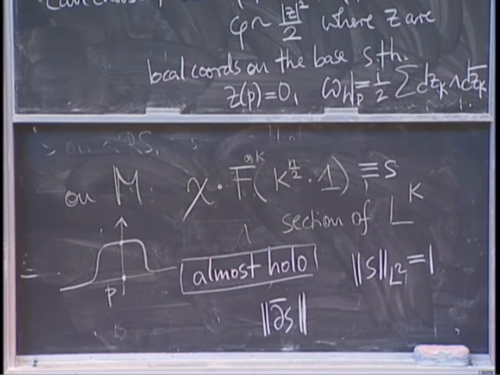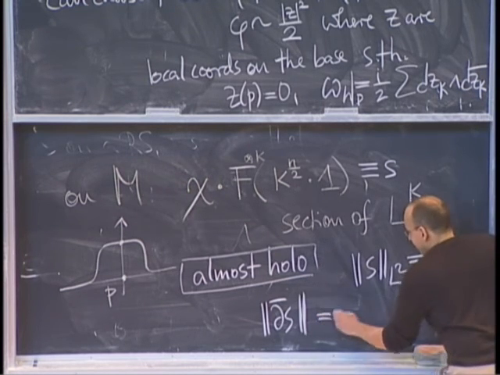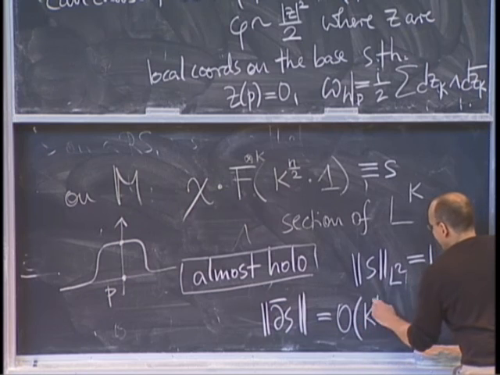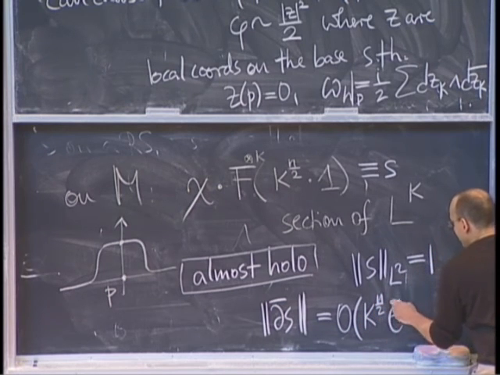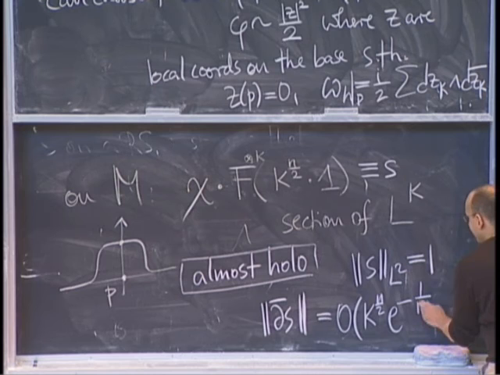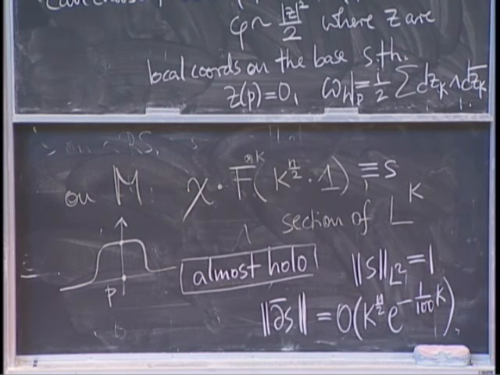But that region doesn't really contribute much because of the Gaussian decay. So this is on the order of, I guess, something like K to the n over 2 times e to the minus 1 over 100 times K. So it's an almost holomorphic section.